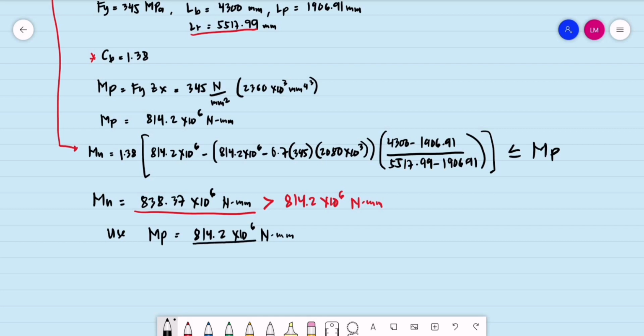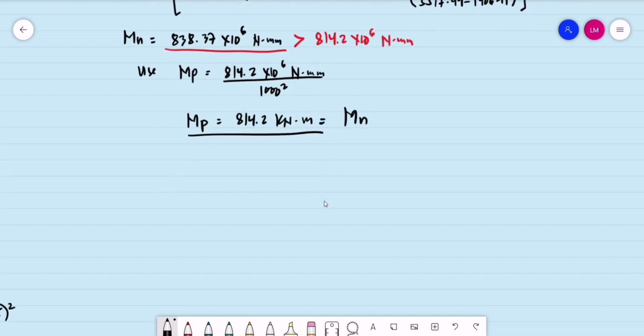Or if we are to divide this value by 1000 squared, the value of M sub p is now equal to 814.2 kilonewton meter. Okay? So again, we are using the value of M sub p since M sub n exceeds the value of our M sub p. So this will be our nominal moment capacity, the value of the M sub n.